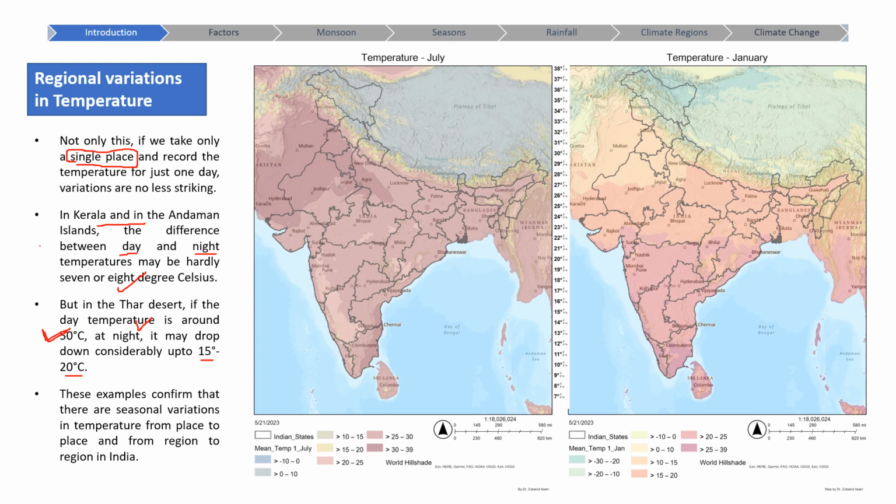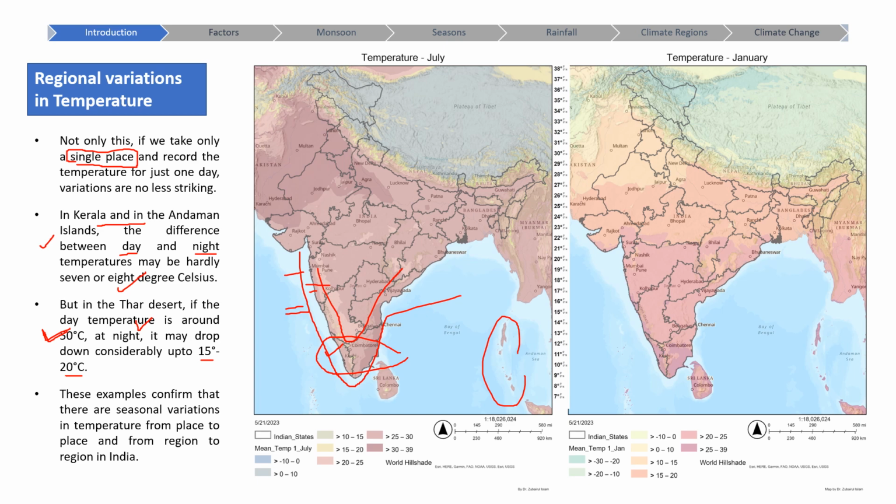Okay, why is this so? Because here are the Andaman and Nicobar Islands, and this is Kerala and Tamil Nadu, there is not much diurnal difference in the temperature. Why? Because in all these places, not only these states, there is not much day and night temperature difference because of the impact of ocean winds and land winds, which moderate the temperature.